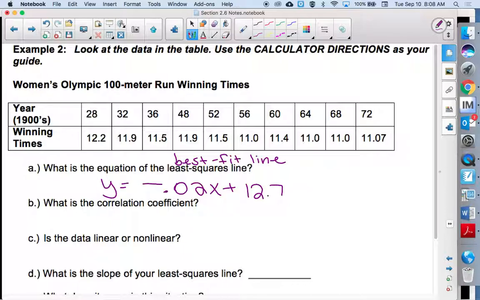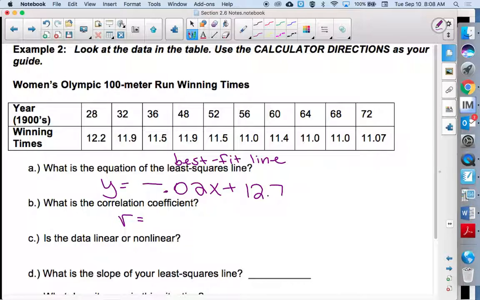So the correlation coefficient is R. If you don't have that, remember you need to hit the second and the 0 to get that catalog. You're going down to diagnostic on. Jack, did you get an R value? Yeah.